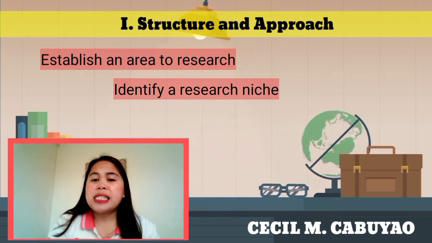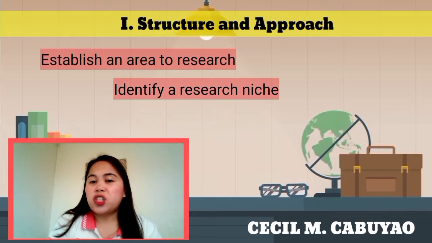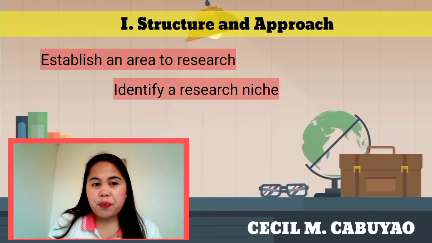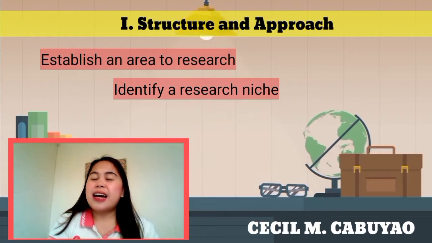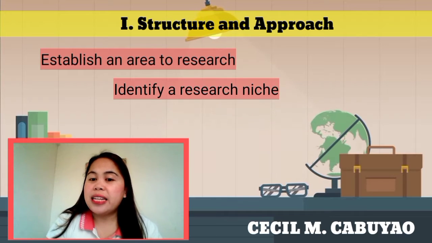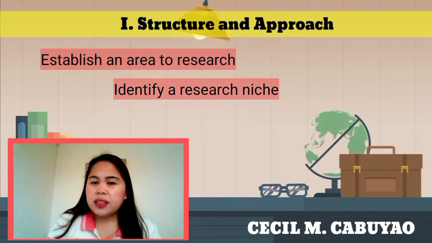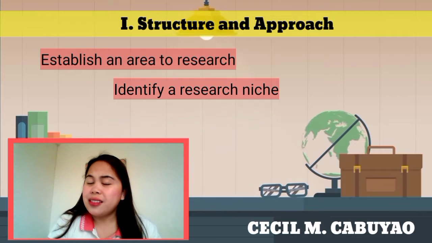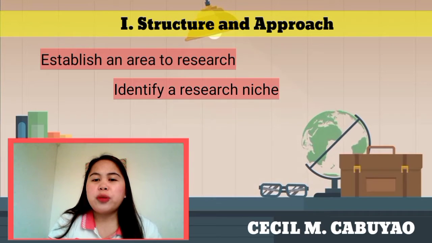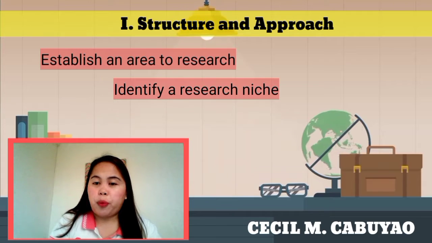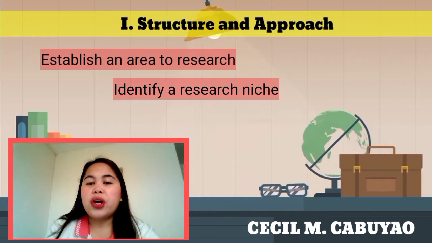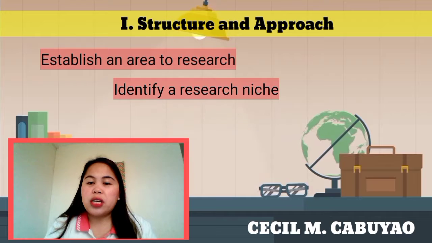Second, you have to identify a research niche. It is done by opposing an existing assumption, revealing a gap in existing research, formulating a research question or problem, and/or continuing a disciplinary tradition.